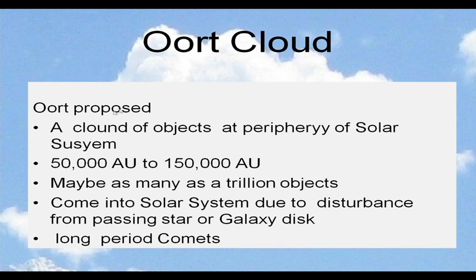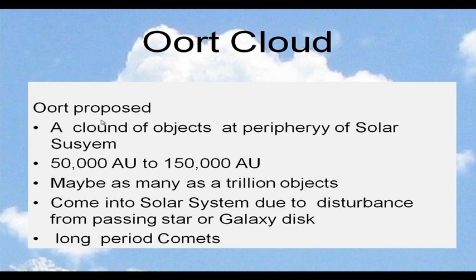This was a remarkable proposition because the solar system, as we know it, extends up to Neptune at 50 astronomical units, and such a proposal pushes the extent of the solar system about 3,000 times larger.